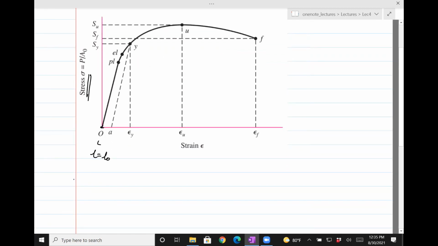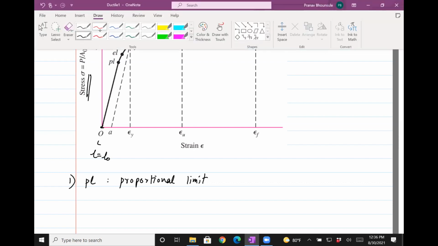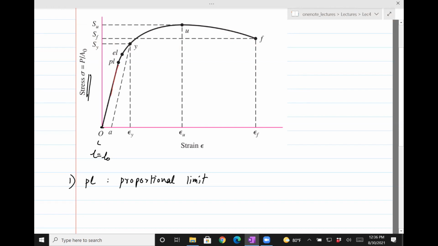So PL is called the proportional limit. When you stress the material, you can see that this line from 0 to PL is more or less linear.